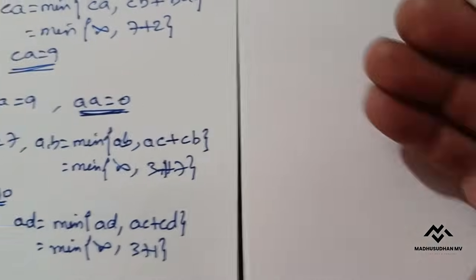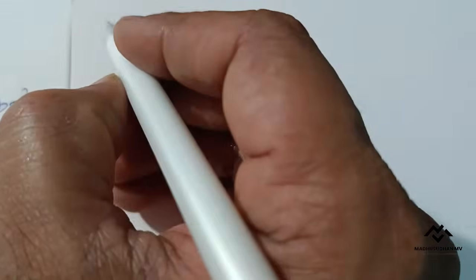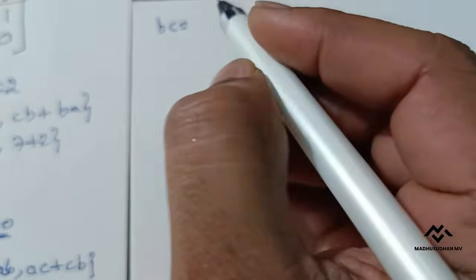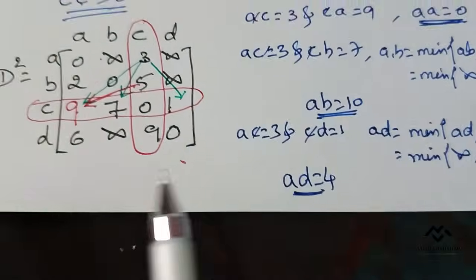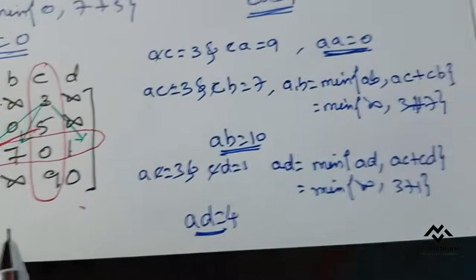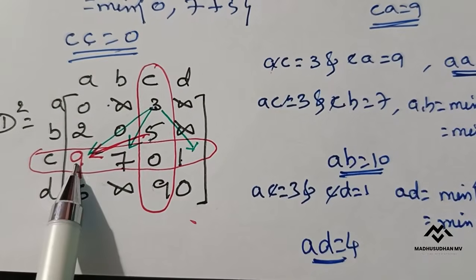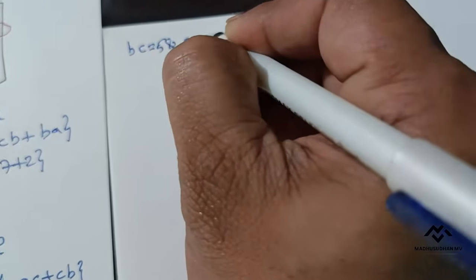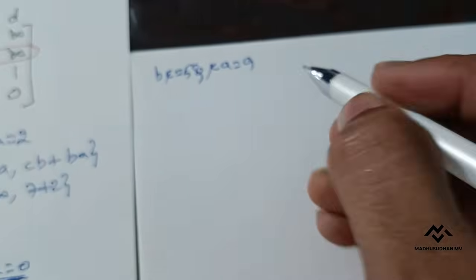B to C. B to C is 5, and I'm comparing that with the row value 9, that is C to A. So C to A is equal to 9. CC gets cancelled.